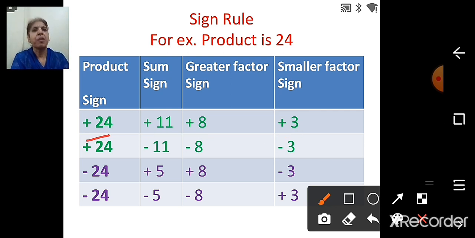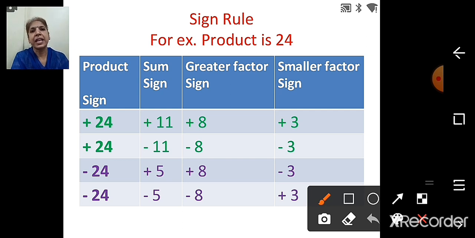So if your product is positive, the sum is positive, the greater factor is also positive and the smaller is also positive, both factors have the same sign. Second case, the product is positive but your sum is negative. It means both factors have a negative sign. So the greater factor is negative, the smaller factor is also negative.